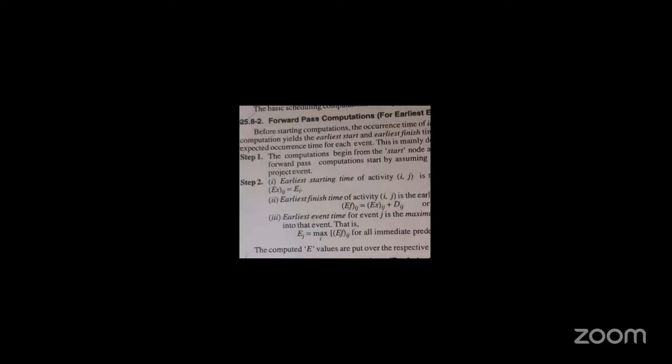Before starting the computation, the occurrence time of the initial network event is fixed. Then the forward pass computation yields the earliest start and earliest finish times for each activity (i, j), and indirectly the earliest expected occurrence time for each event. This is mainly done in three major steps. For calculating each event's earliest starting time and earliest finishing time in the forward direction, we have to use these three steps.